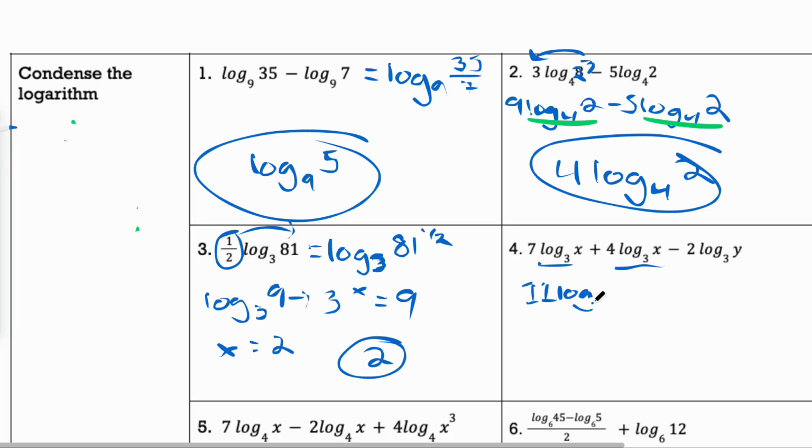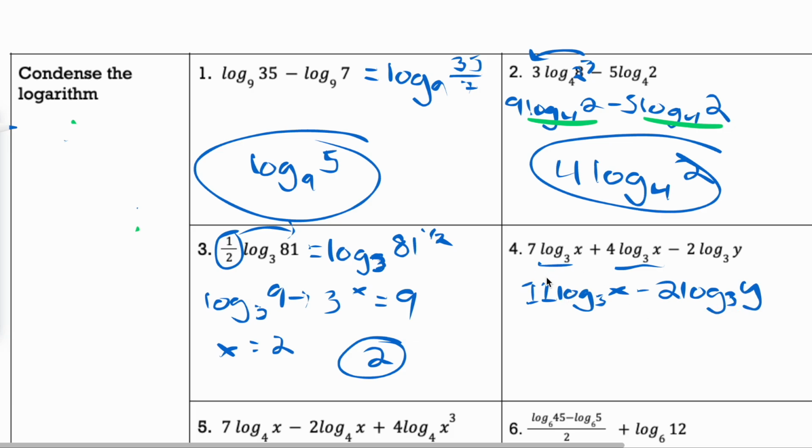And now we have this 2 log 3 of y. So we have the same base, this b value of 3, but we have different coefficients out front, this 11 and this 2. And by the way, this x and this y are different, of course, and that's why we can't combine those.